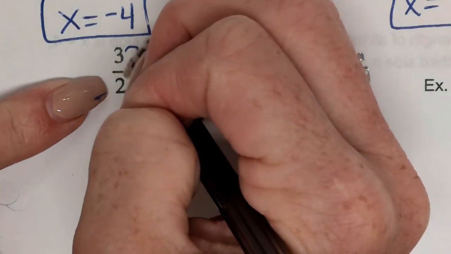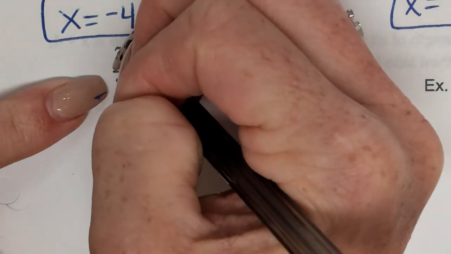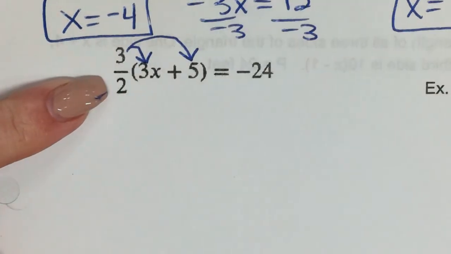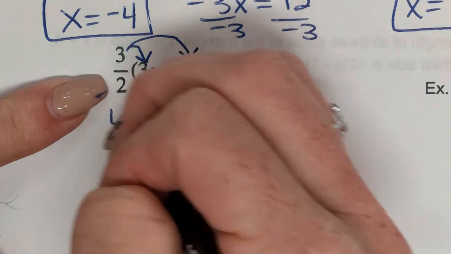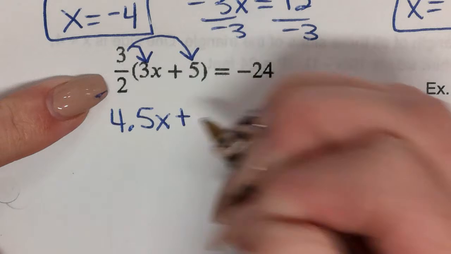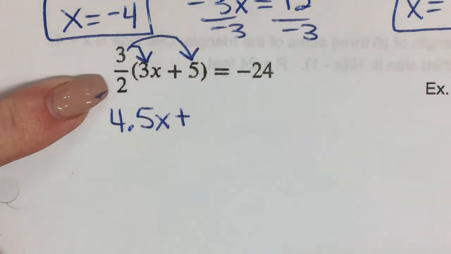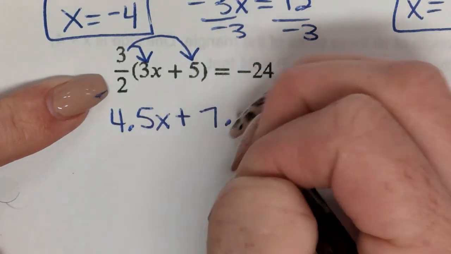So I'm multiplying 1.5 times 3x and 1.5 times 5. So 1.5 times 3x is 4.5x plus 1.5 times 5 is 7.5.